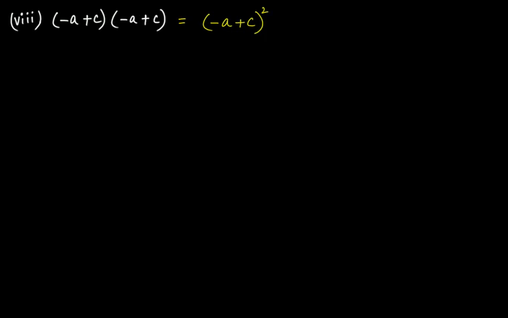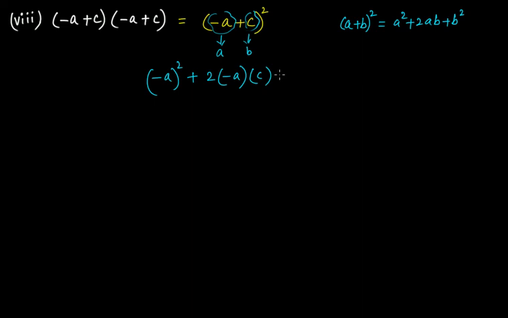Now this is of the form a plus b whole squared, that is equal to a squared plus 2ab plus b squared. That is standard identity 1. Now if you apply this here, you'll get minus a whole squared plus 2 multiplied by minus a multiplied by c plus c squared. This gives you a squared, minus 2ac, and plus c squared.